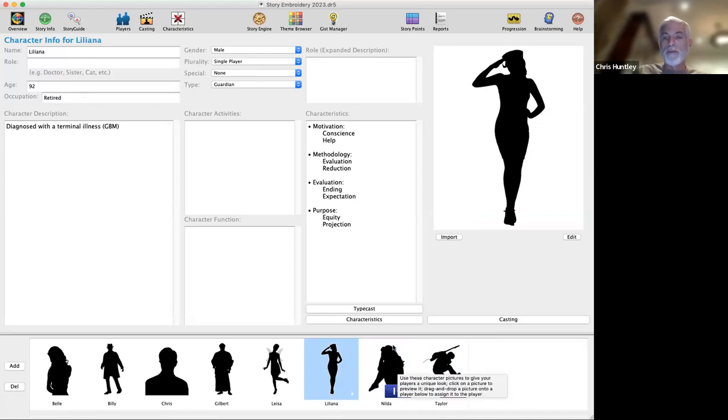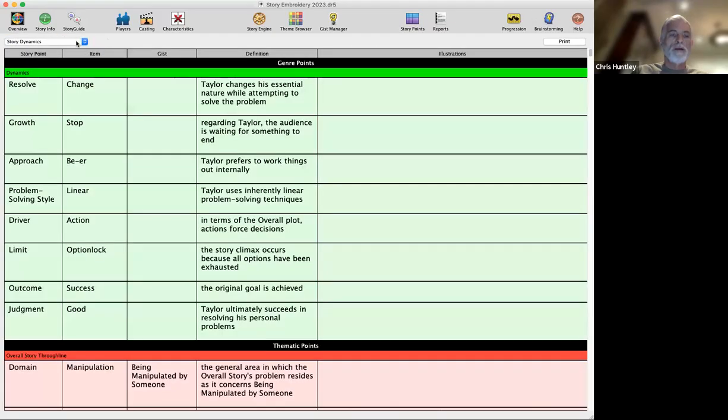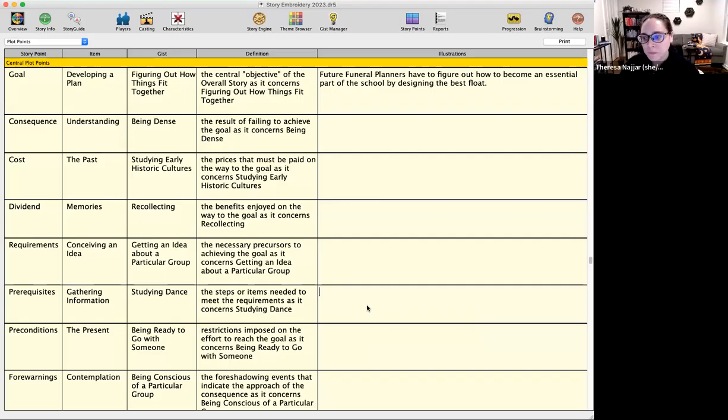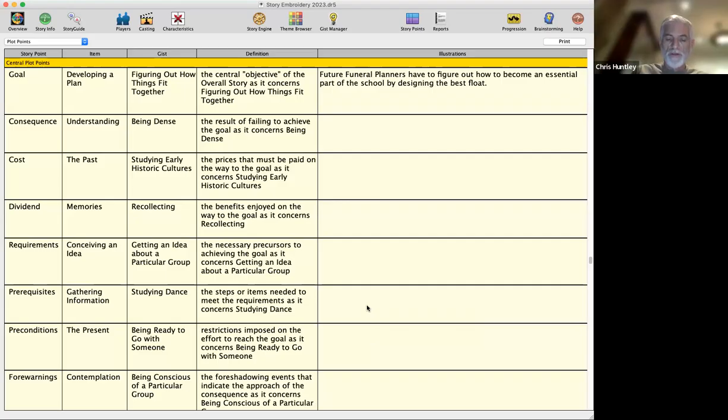So maybe figure out what type of dancing they're going to need to do for the float. They're learning different dances, or learning what dances might be most appealing to Liliana. Most attention grabbing. Right. Do you want it to be a how-to dance, or is it just learning what kinds of dance?